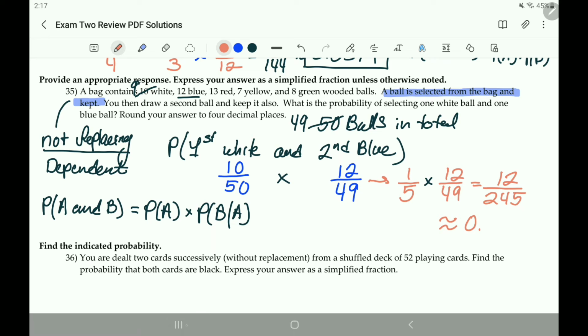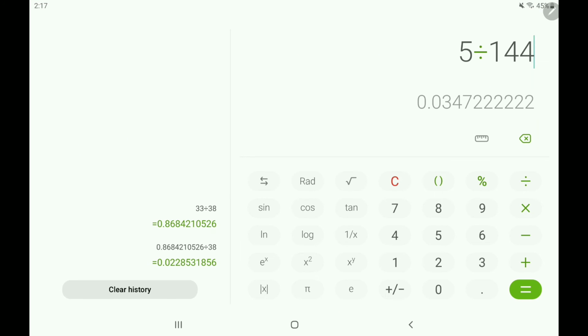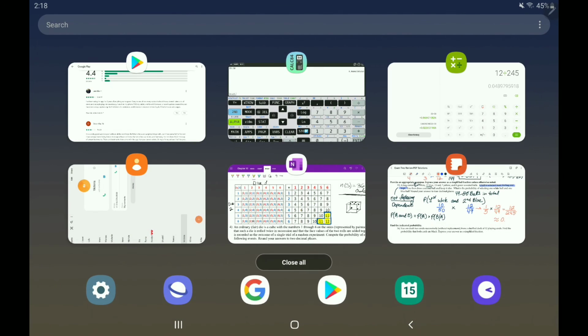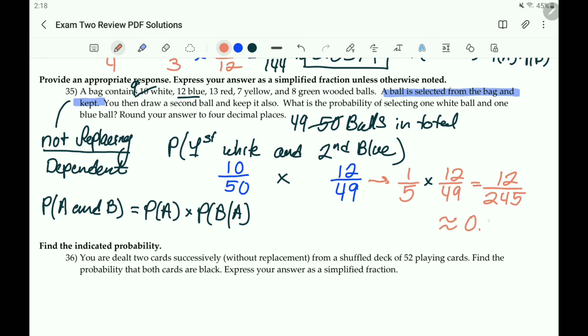So let's go to our calculator. 12 divided by 245. And that's going to be 0.049489. But this 7 will make this 89 round up to a 90. So our answer is going to be approximately 0.0490. And there you go.